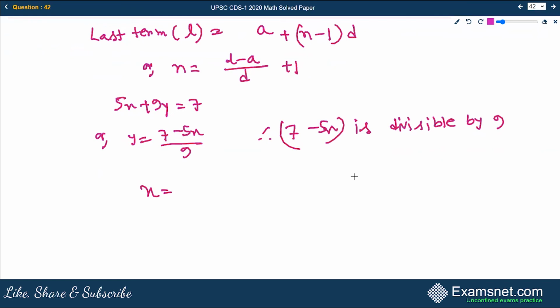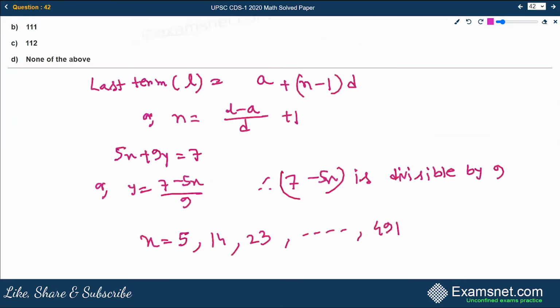So this way, if we continue checking, we will get that for x equals 5, it is divisible by 9. For 14, it is divisible by 9. For 23, it is divisible by 9. So you can check that the gap between these numbers is 9 every time. Okay, so this way till 491 we will get the values of x for which this expression is divisible by 9.